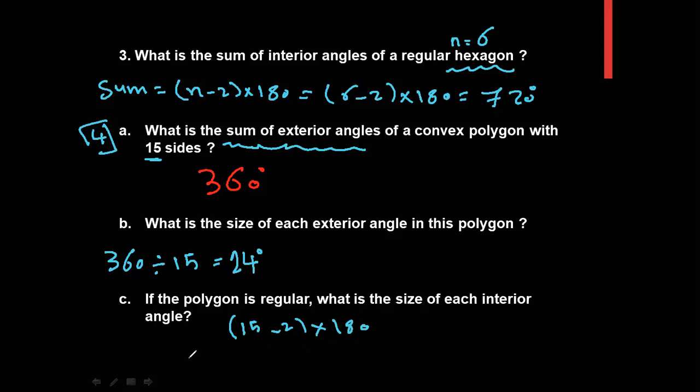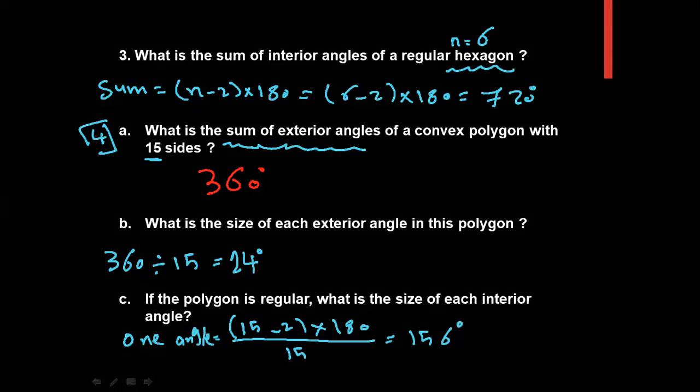But if I want to know one angle only, I have to divide all of that by 15, and the answer using my calculator, or you can simplify it, is 156 degrees, and that is my final answer.